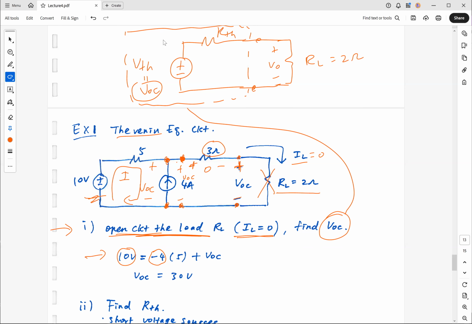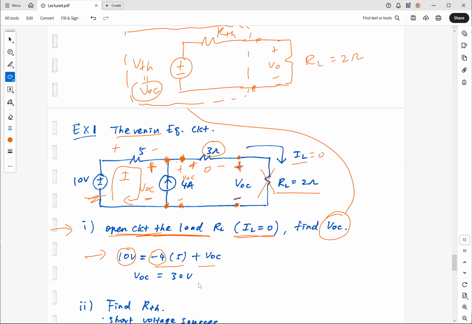So the voltage drop across this 5 ohm resistor is -4 times 5, and then plus VOC. VOC is the voltage drop across this current source. So this voltage is equal to the voltage drop across the 5 ohm, plus this voltage across the 4 amp current source, which is VOC. It's a simple KVL equation.